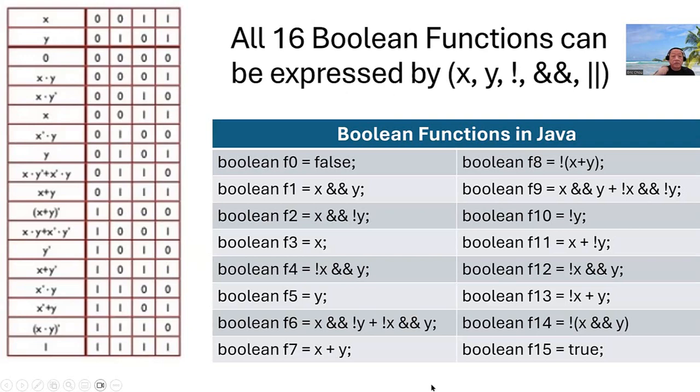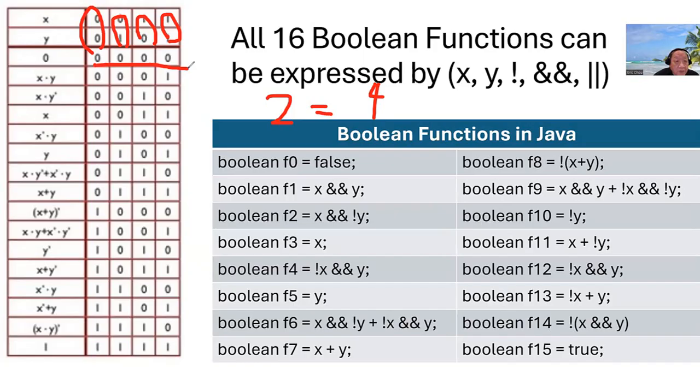Okay, two Boolean variables, x and y. Your xy might have a combination of 00, 01, 10, 11. So with two Boolean variables, you have 4 possible combinations.